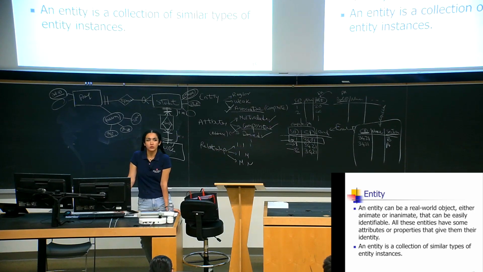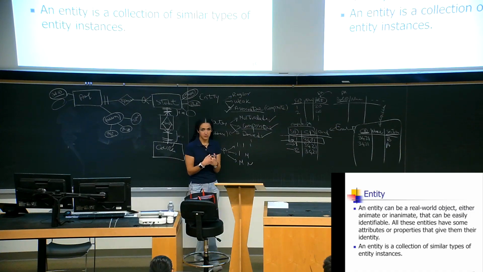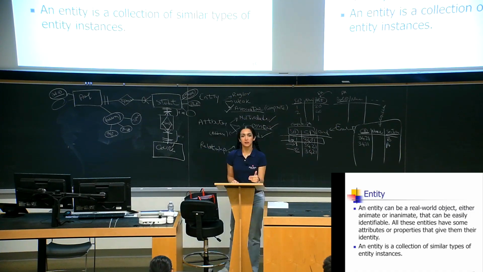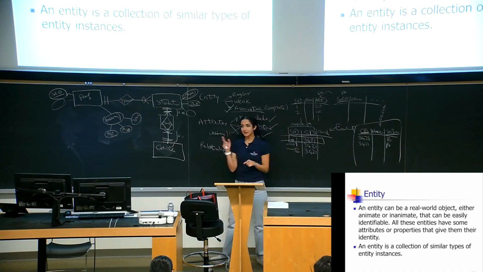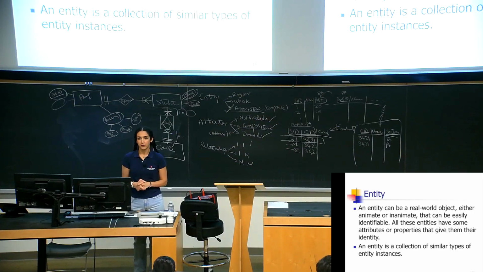Now, if I tell you course 3421 section B, right? This is clear that we are referring to this course, which I'm the instructor of, right? And if I'm telling you 3421 section A, right? This is a completely different course, right? So, course and section together can identify the section completely.